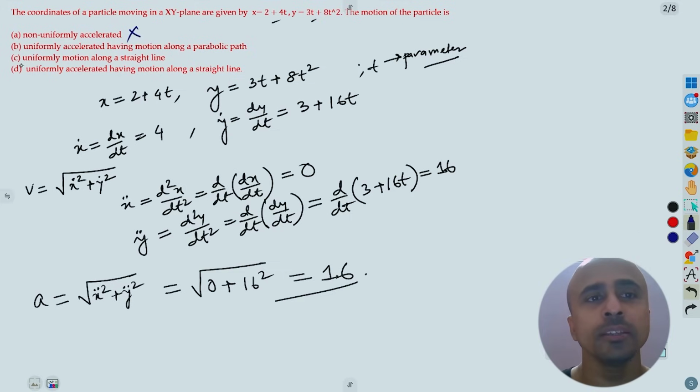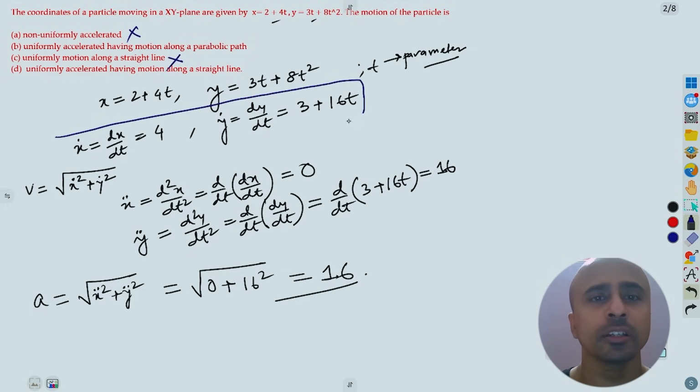So among the options B, C, D, A cannot be the answer. So either the correct answer is B, or C, or D. Now we have to determine which one among these is the correct one. Well, C is also not correct because it is not uniform motion, as we have obtained here.